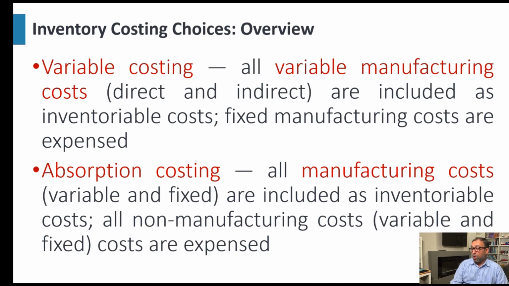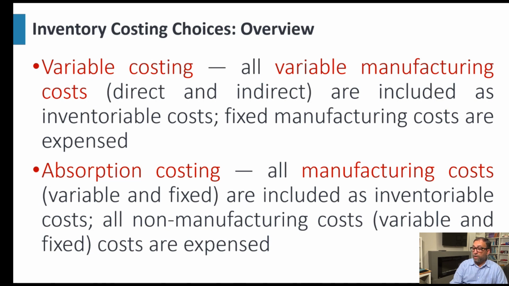So how much cost do we have to add? In the variable costing method, we add all variable manufacturing costs, whether direct or indirect. But in absorption costing, all manufacturing costs, whether variable or fixed, are included as an inventoriable cost, and all non-manufacturing costs, variable and fixed, are expensed out.